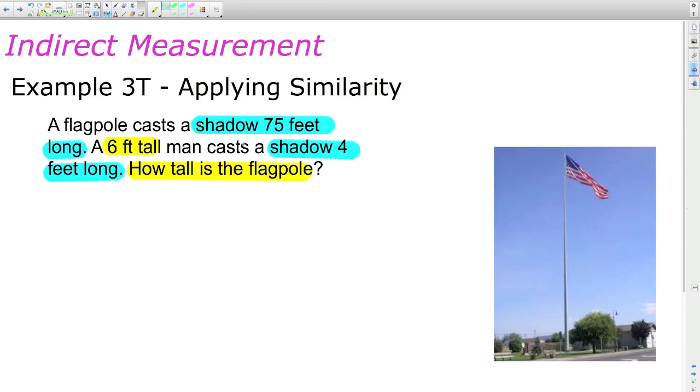We're given 3 numbers, and we have to find the 4th. So we're going to use a proportion, and the proportion is going to come from the idea of similar triangles. What we have to find is this measurement right here, how tall the flagpole is, that blue line. That's what we have to find, and we're told that the flagpole casts a shadow that's 75 feet long.